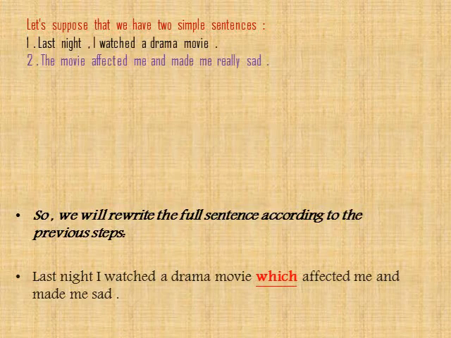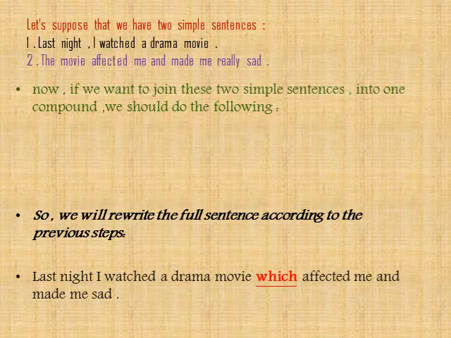Now, dear student, if you are talking about something, speaking about something, or writing about something, it's not good to use short sentences or simple sentences. You have to join these two sentences into one compound, and it's an easy way.